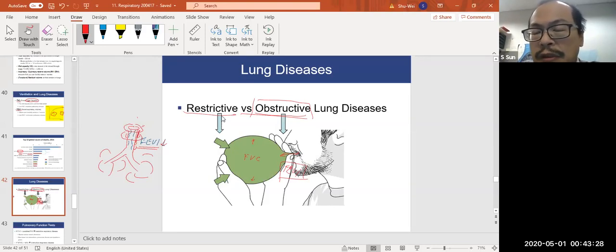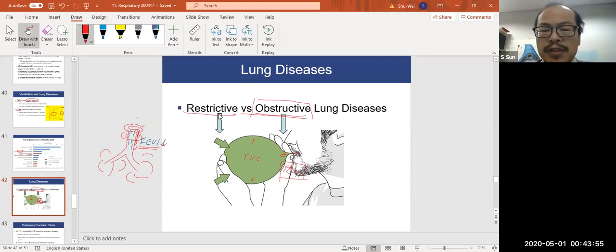Restrictive usually happens to a patient with, for example, muscle weakness, so it cannot expand, or it could be because of diabetes, where material, fat or muscle builds up in the chest or around the chest, and that makes the lung very difficult to expand.